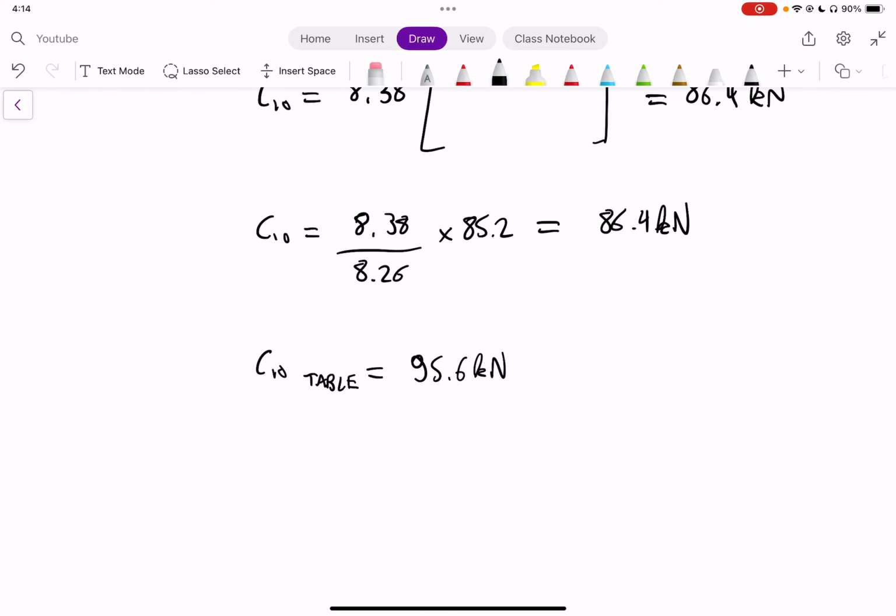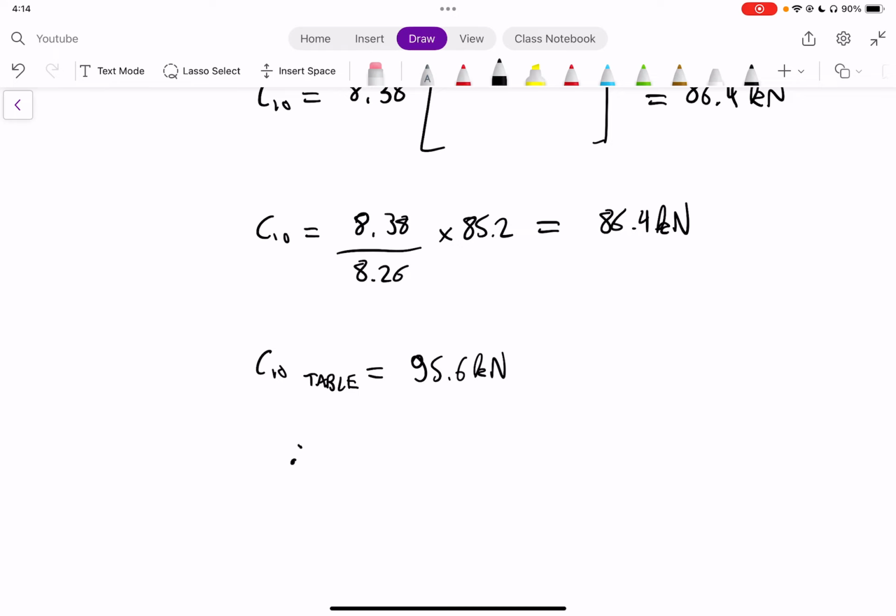So we chose a 90 millimeter bearing and we checked that the 90 millimeter bore would be acceptable. And it is because our C10 table is higher than our C10 calculated. Therefore, the bearing will be able to withstand the forces associated with our problem based on the equivalent force.